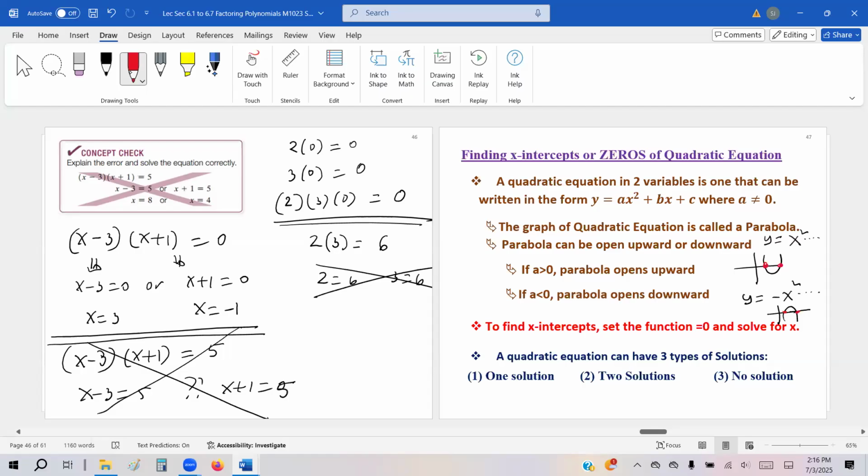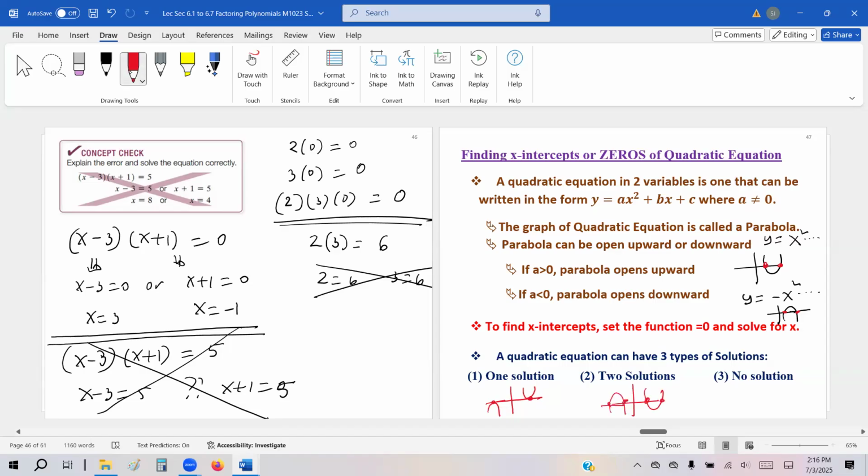And for a quadratic specifically, there are three scenarios. Either we have one solution, meaning we have a parabola that has only one x-intercept, either this way or that way. So we are touching the x-axis, not crossing it. Or we have two solutions. Maybe it's this way or maybe it's that way. So upward or downward doesn't matter.